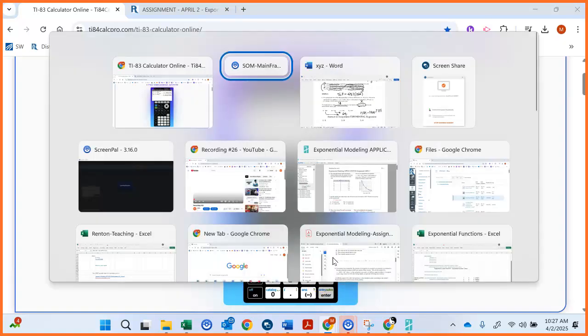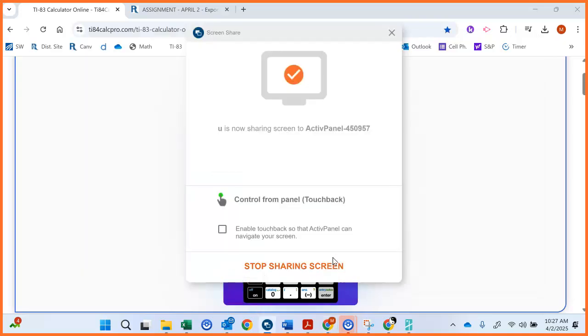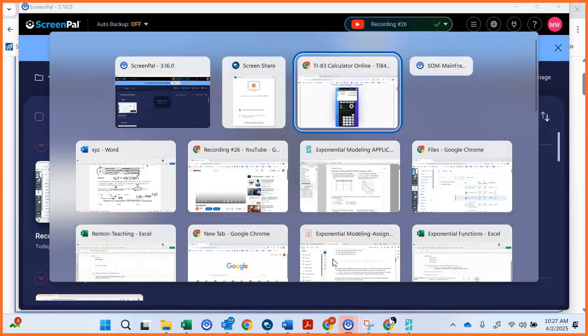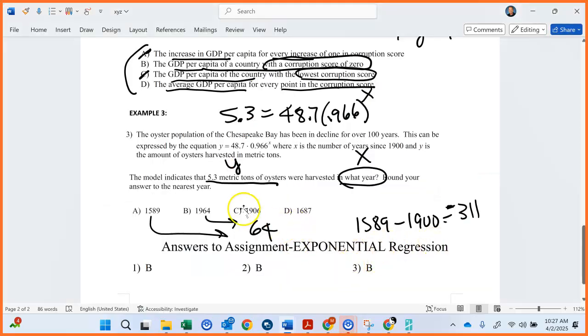Now, that is the correct answer, but let's just say we would have picked another answer like 1906. Then I would have plugged in 1906 minus 1900, right? Years since 1900. I would have had to plug in a 6.